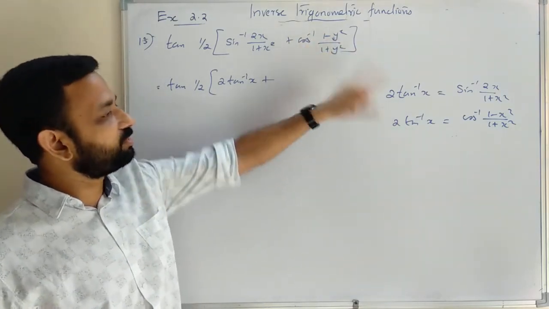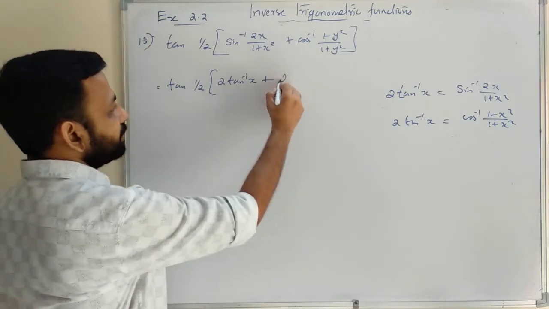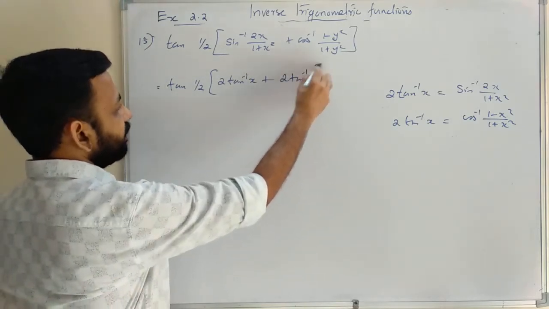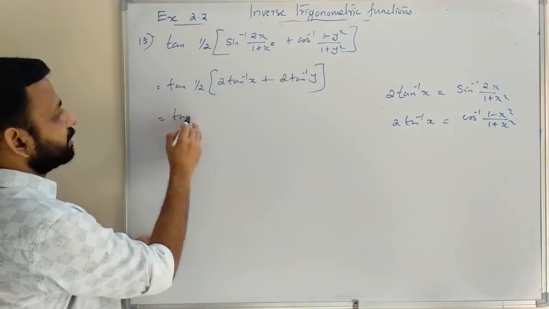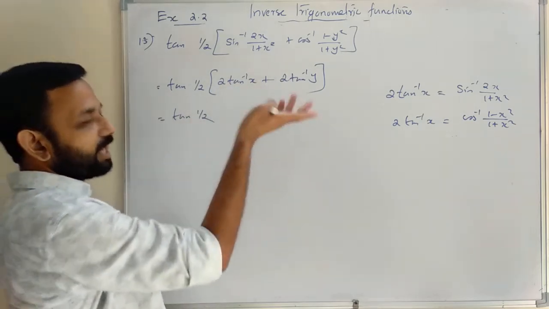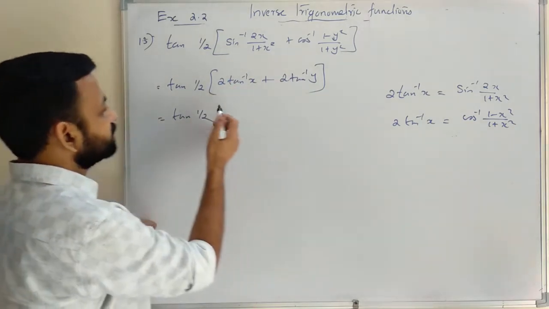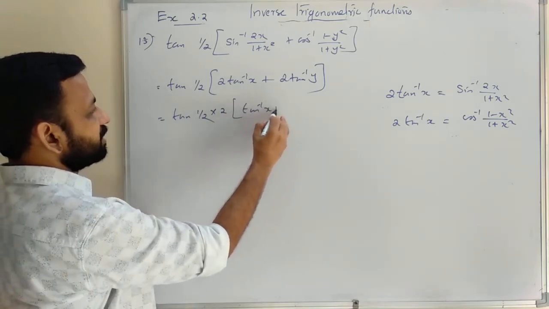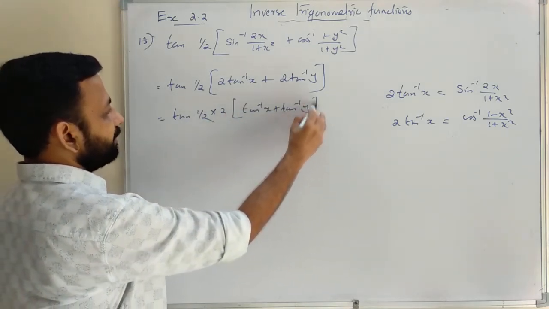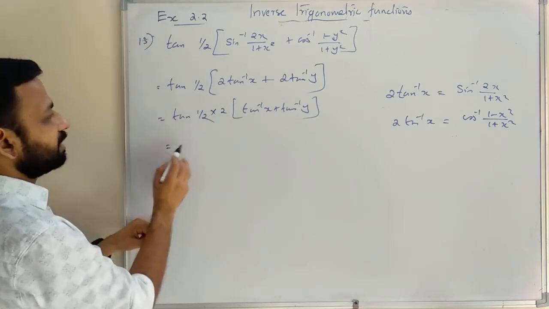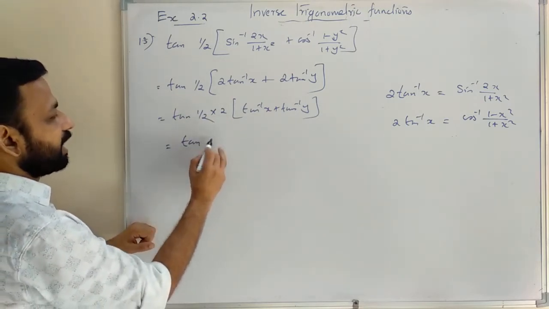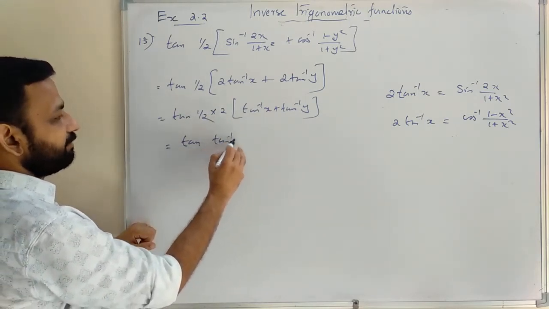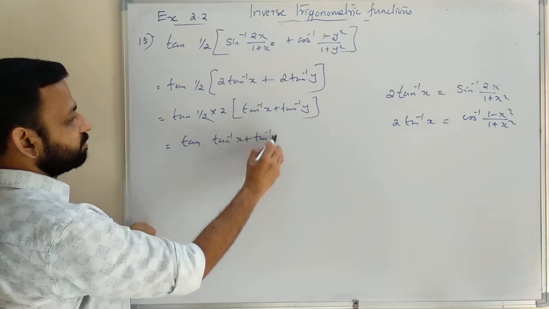Now in tan 1 by 2, the 2 can be taken outside, 2 into tan inverse x plus tan inverse y. Here 2 and 2 cancel, so that is equal to tan inverse x plus tan inverse y.